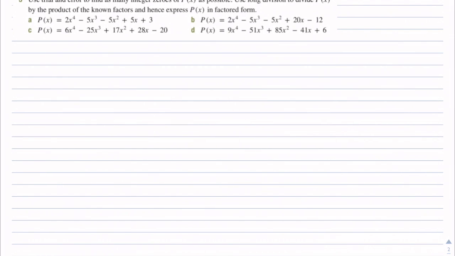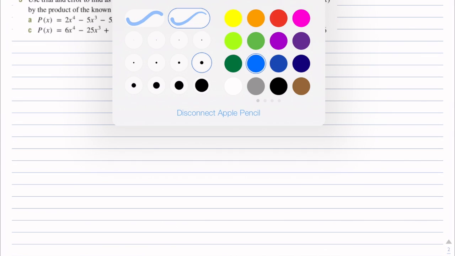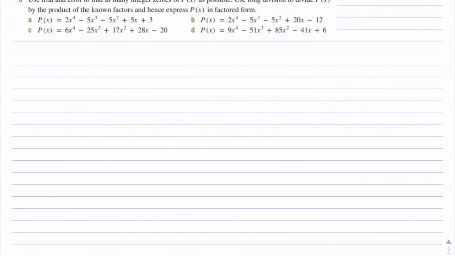All right, now we're having a look at question 3. We're using trial and error to find the zeros of each of these and then express it in factored form. Now, the key is if you can manage to find as many zeros as the degree, then you're pretty much done.